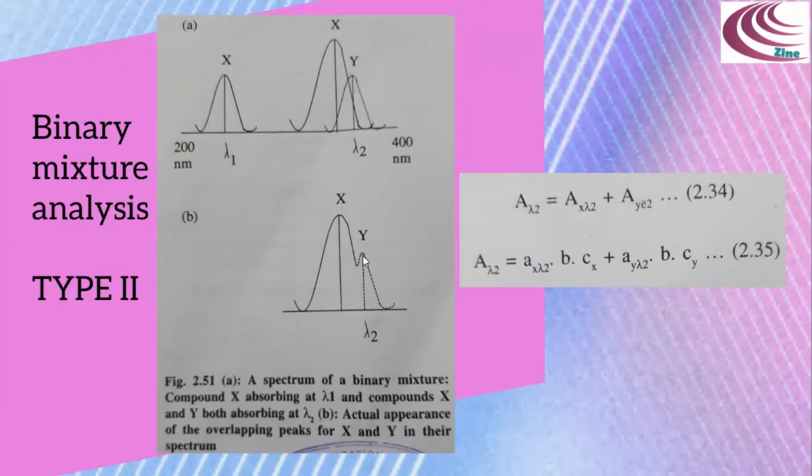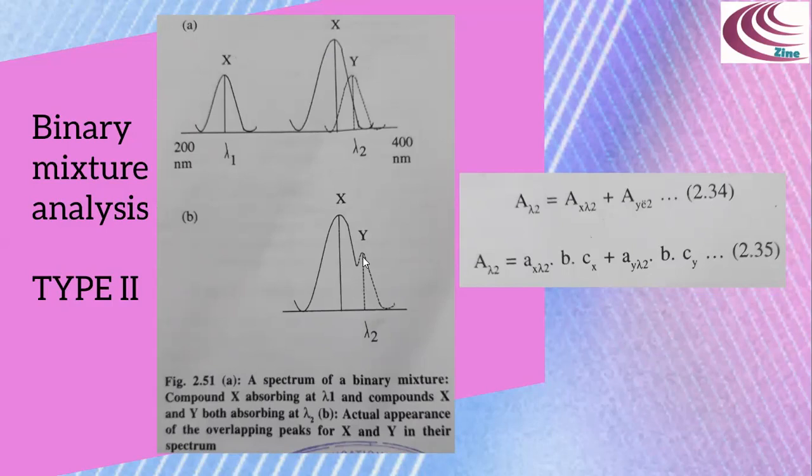Since absorbance is an additive property, the total absorbance, that is A λ2 of the mixture, can be written as the sum of the absorbances shown by X, that is A_X λ2, as well as by Y, that is A_Y λ2, at wavelength 2.